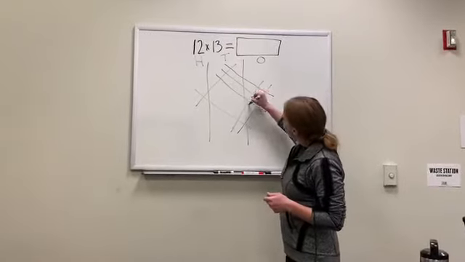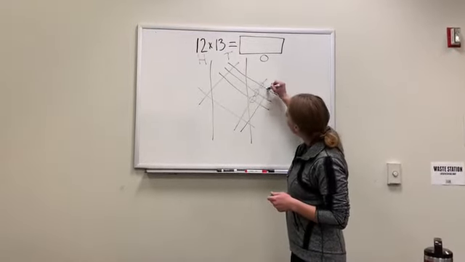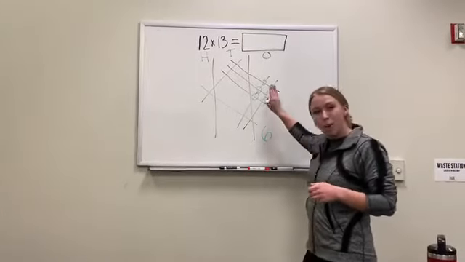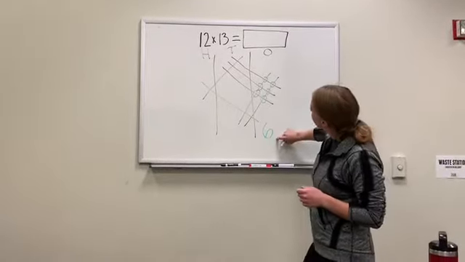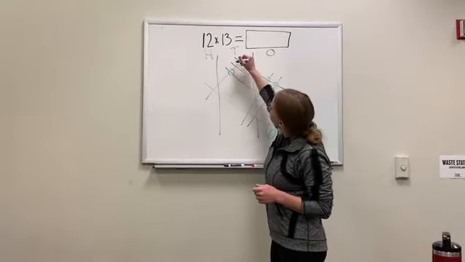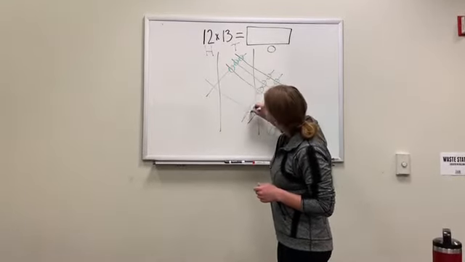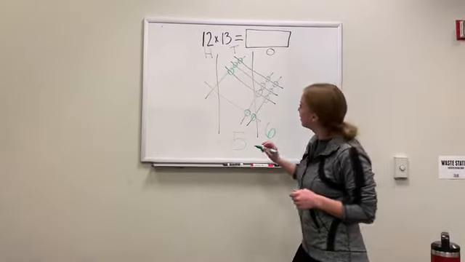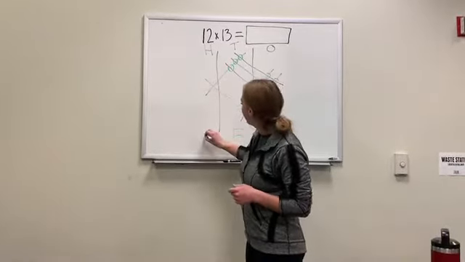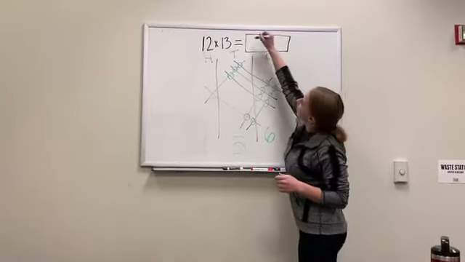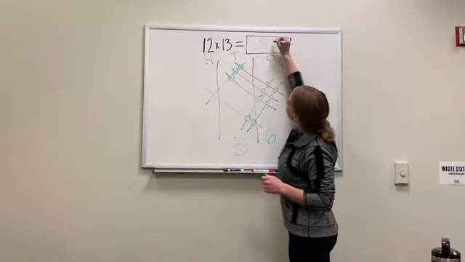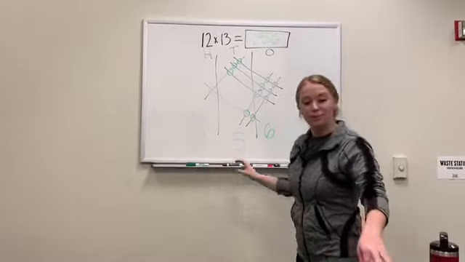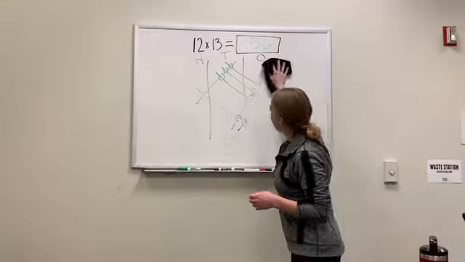You can see there's 1, 2, 3, 4, 5, 6 spots where it intersects in the ones place, and then 1, 2, 3, 4, 5 spots that the lines intersect in the tens place, and then just 1. And you can tell that the answer is 156 from this.